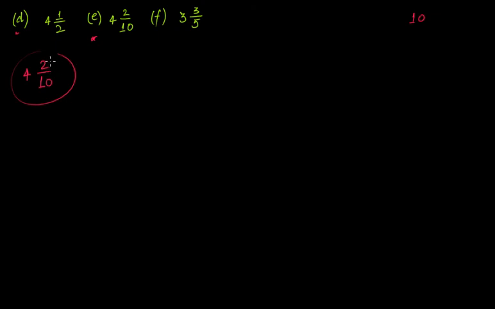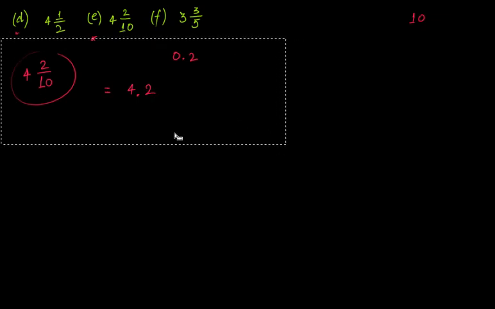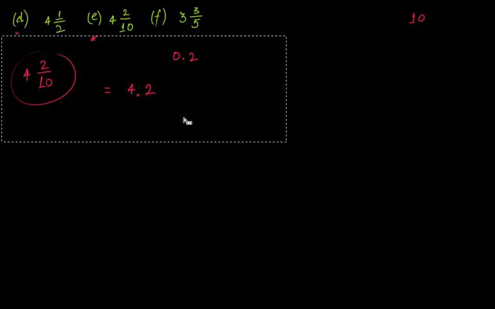That at the 10th place you have 2, and 2 over 10 can be written as what? 0.2. 2/10 tells you that at the 10th place you have 2. This is 0.2. Therefore, this can be written as 4.2.